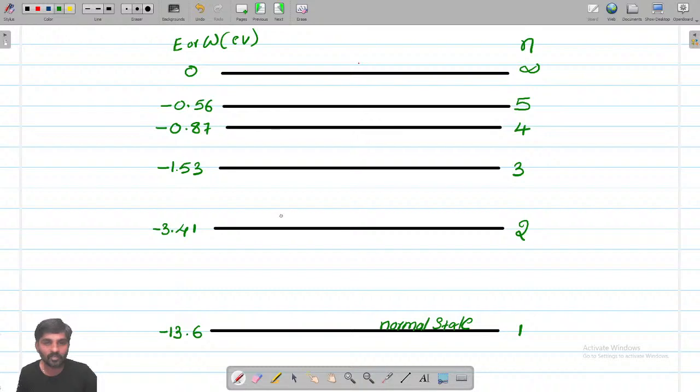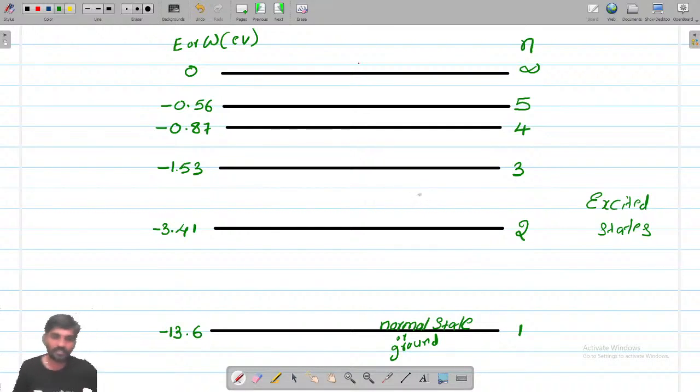But all the remaining are called excited states. This can also be called the ground state. Or you can call these excited states non-radiating states or radiating states.